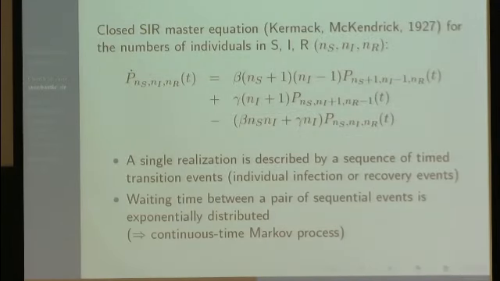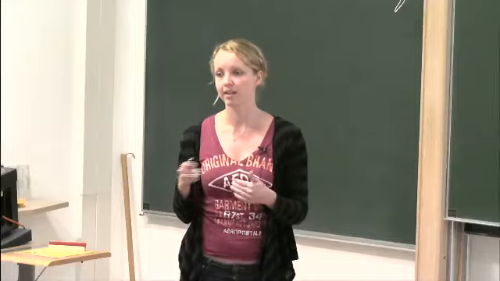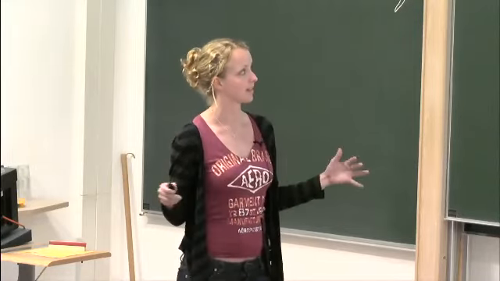Therefore, we prefer to use stochastic compartmental models, which can be described by master equations like this one. I only show it in order to point out that we're now looking at single events rather than a mass action.